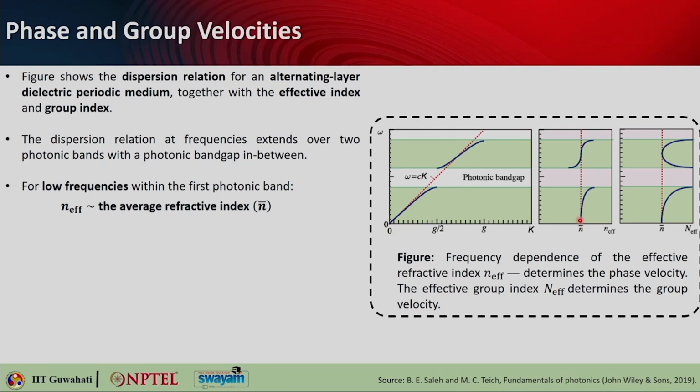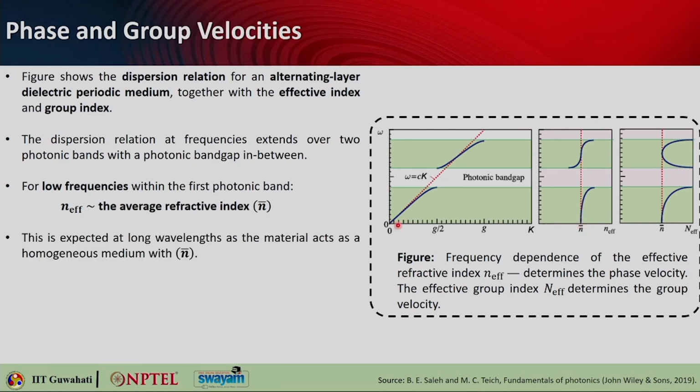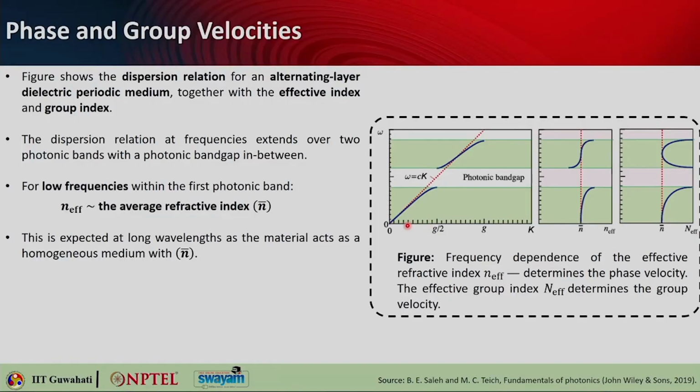So here also you see they are very much overlapping, but as you keep on going further with omega, or you can say with wavelength, it is expected that at longer wavelength the material becomes homogeneous. So K is reducing, means wavelength will be increasing. So this is the case where you see more homogenized picture of your periodic medium.